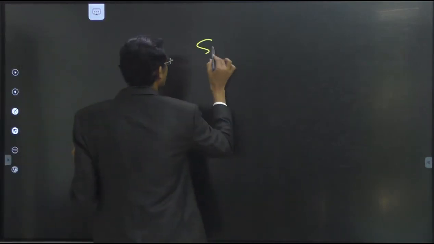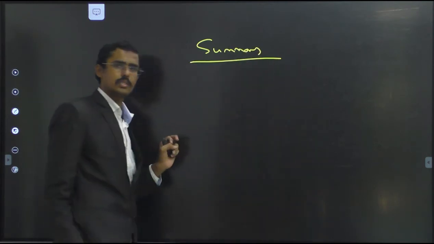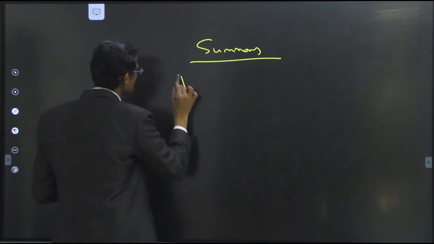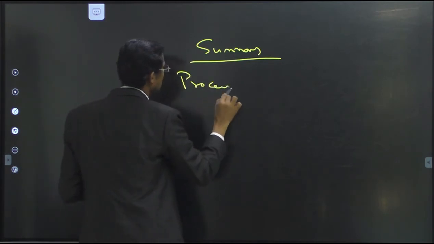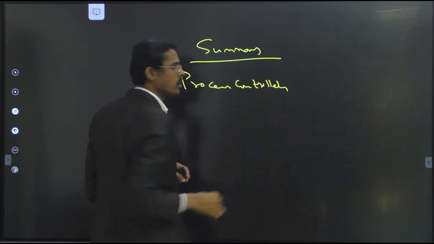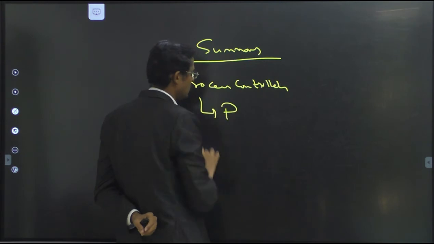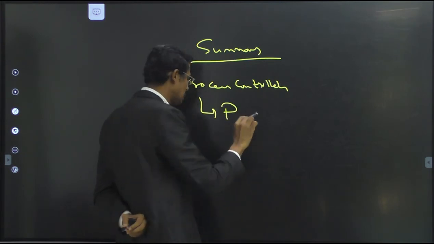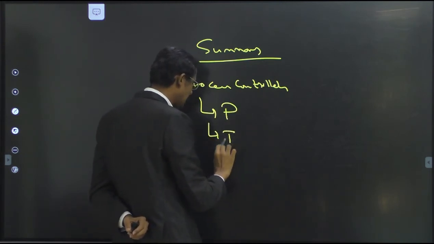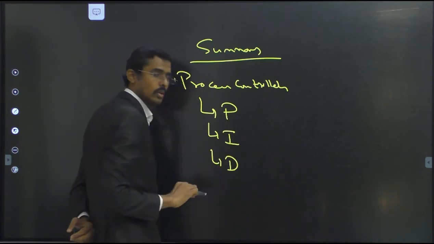The summary. In today's class, we have seen process controllers. On process controllers, we started with the proportional controllers, the integral controllers, and then the derivative controllers.